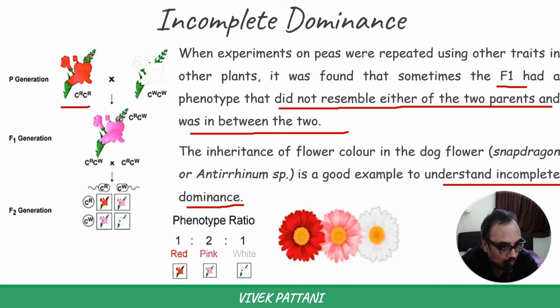Now this one is the red one, this one is the white flower one. When we cross them together, the F1 generation gives rise to a pink color. Now in the F2 generation, we may check all types of colors.